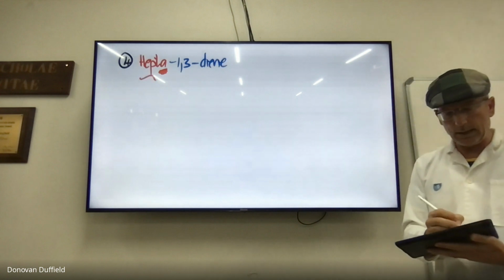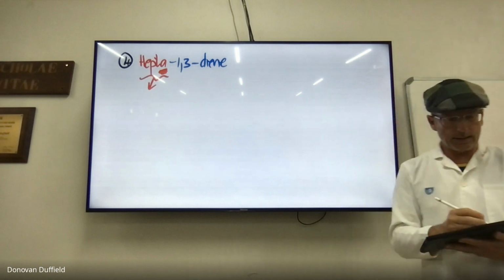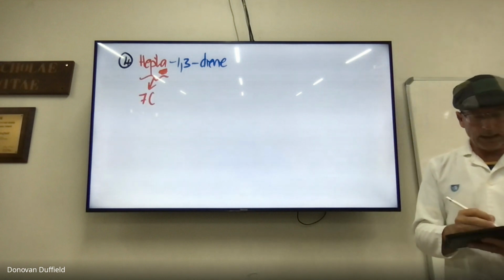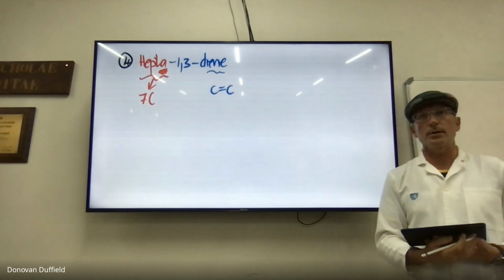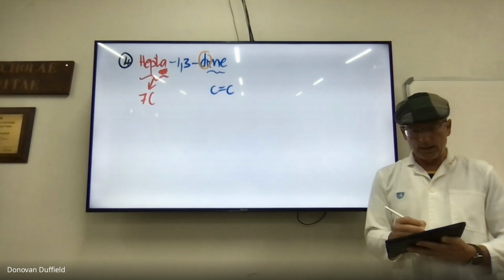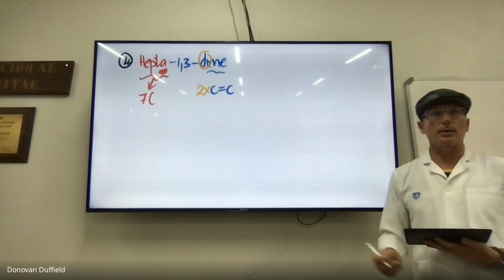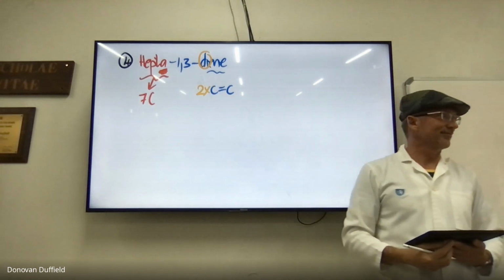The hepta tells us how many carbons? 7. The ene tells us we've got double bonds between the carbons, and the di tells us that we've got 2 of them. And the 1 and the 3 give us the positions.